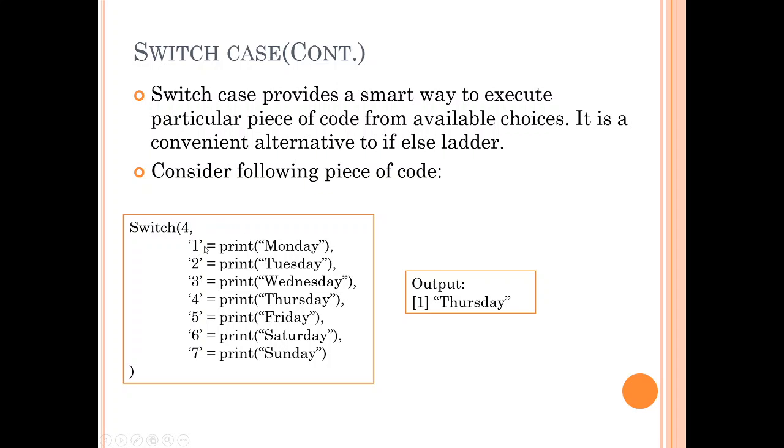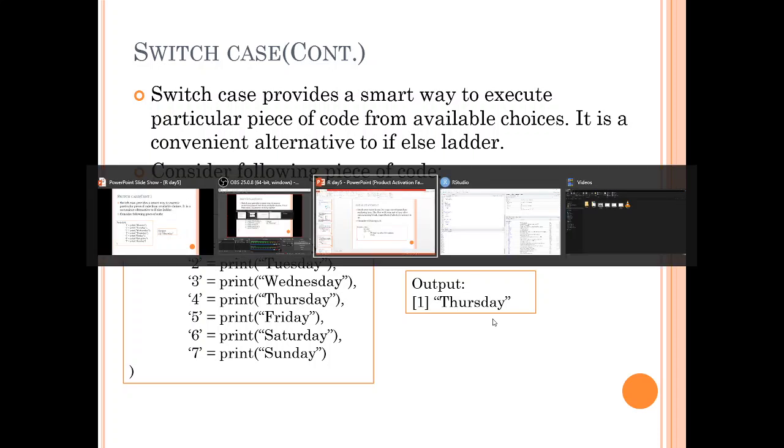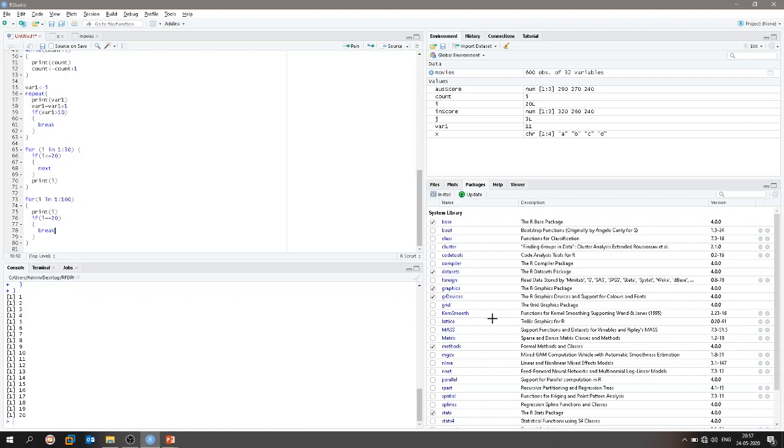But as we have given 4 here, only this label will match with 4 and that particular value will be displayed. You can see here the syntax is quite modified and you need not use a break statement in the switch control statement in R. So let's perform it on RStudio.